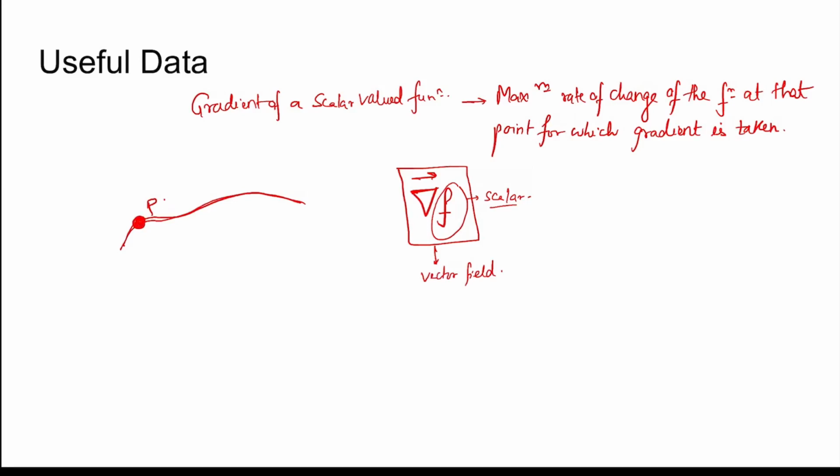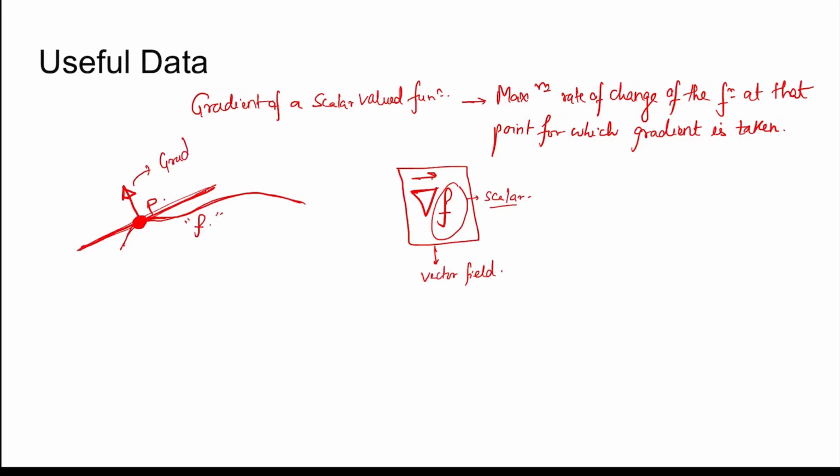So if this is the point for which the gradient operation was done, then the level surface to this point for this scalar function, at this point this gradient will be normal to the level surface and will give the maximum rate of change of the function f, scalar function f, at that point p.